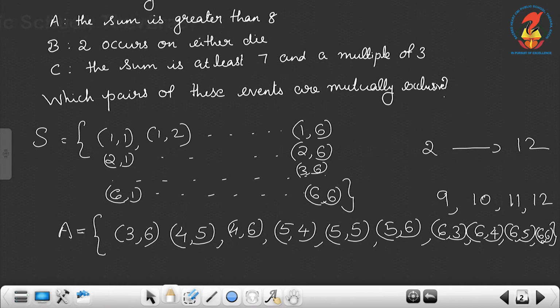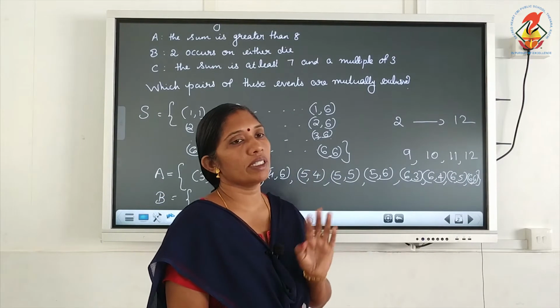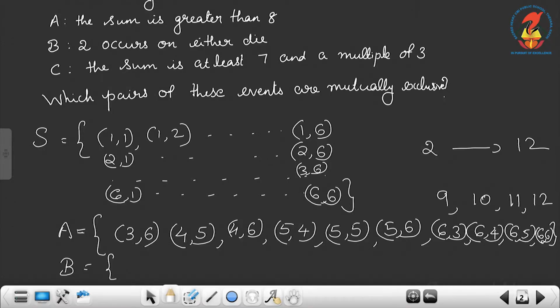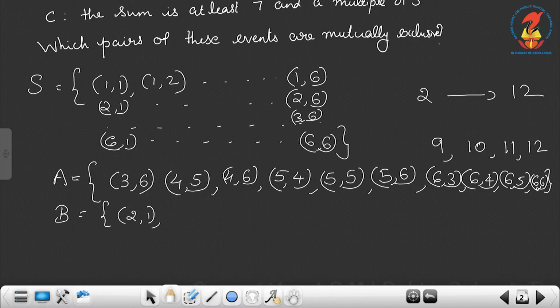Now B. What is B? 2 occurs on either die. That is, either 2 is in the first place or in the second place or both. So all those pairs we have to write. We can write (2,1), (2,2), (2,3), (2,4), (2,5), (2,6).